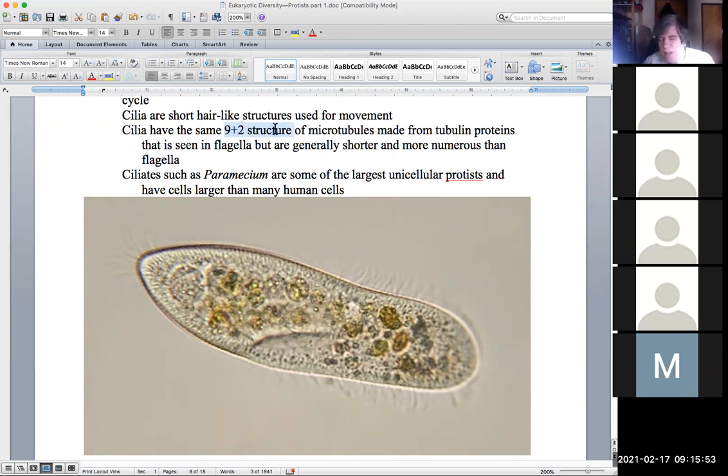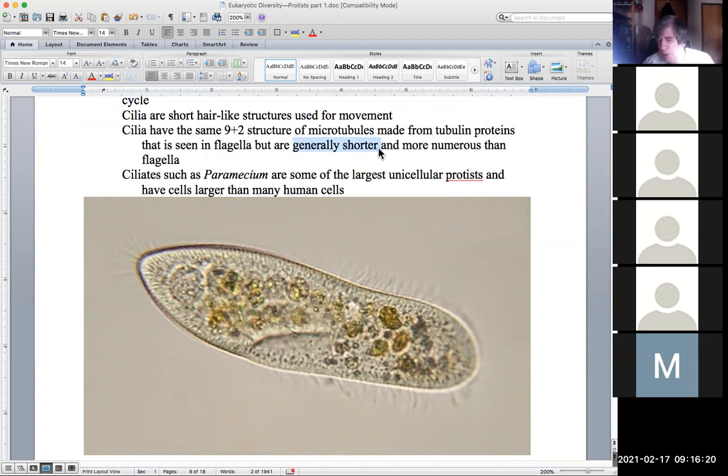These cilia have that same 9+2 structure of microtubules. And remember, microtubules are made from tubulin proteins. So this is the same structure that we saw in flagella. And this is one of those things in biology where we don't really have a sharp line that separates cilia from flagella.